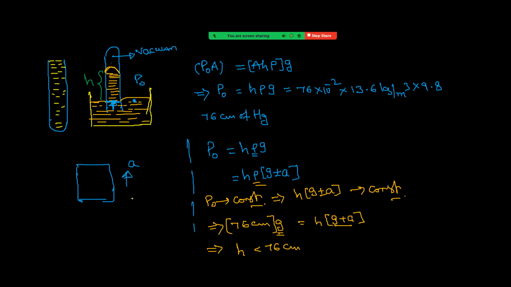In that case, we have to take g minus a. Then H will be greater than 76. So we should be very careful in which direction velocity is there and in which direction acceleration is there. Based on that, we can decide very easily.